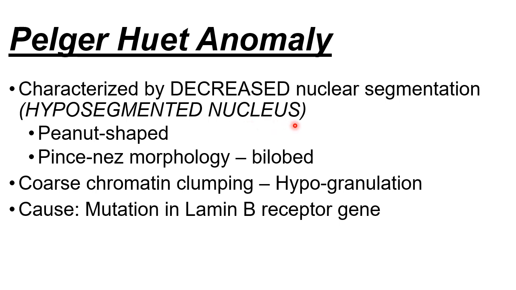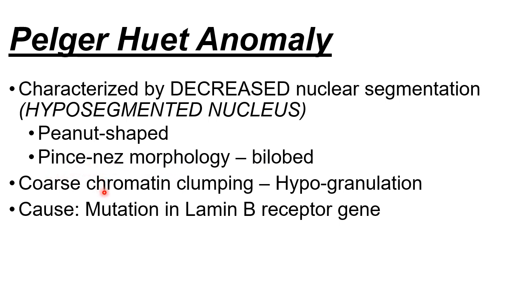So, supposedly dapat 2 to 5. Okay? Less than or equal to 2, ang itsura niya ngayon, mukhang peanut shape, or pince nez morphology. Ang tinatawag natin bilobe morphology. So mamaya pakita natin ano ba ibig sabihin ng pince nez.